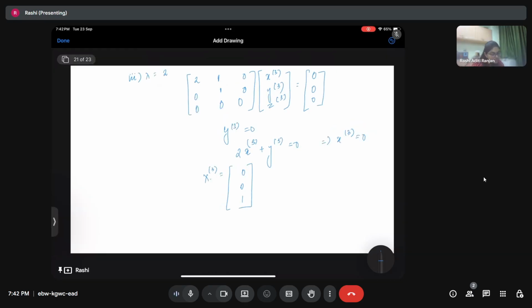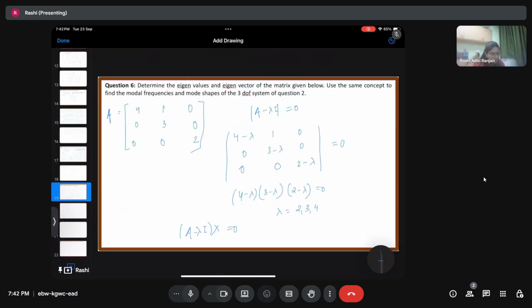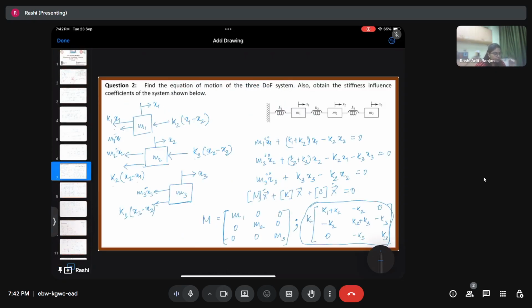Now we have to use the same concept for the 3 degree of freedom system, which was considered in question number 2 over here, and we have to find out the eigenvalues and the eigenvectors.